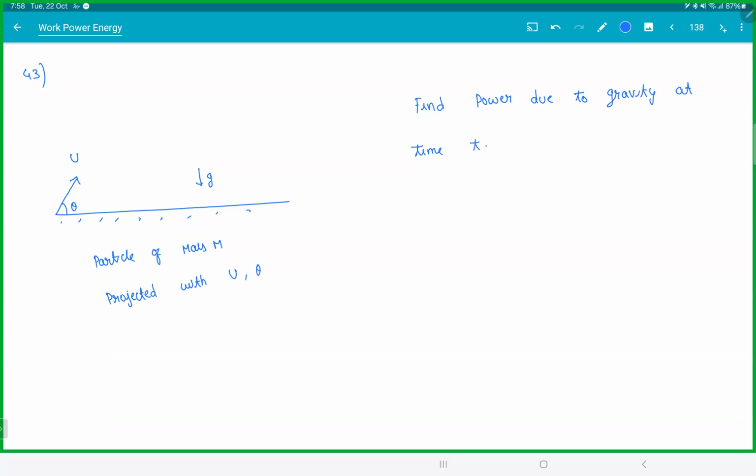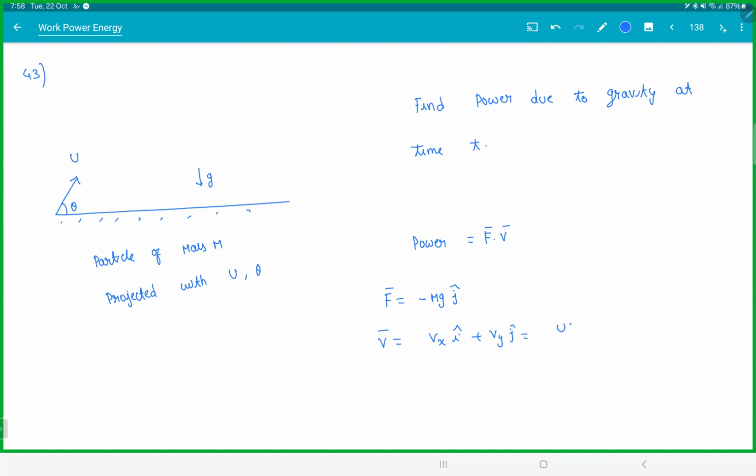Straightforward. What is power? F bar dot V bar. You should know your results of projectile motion. So here, force due to gravity is minus mg j cap. What is the velocity vector? Horizontal velocity vx i cap plus vy j cap.